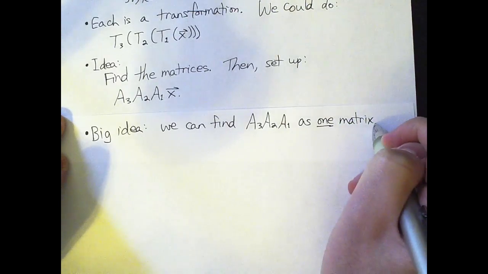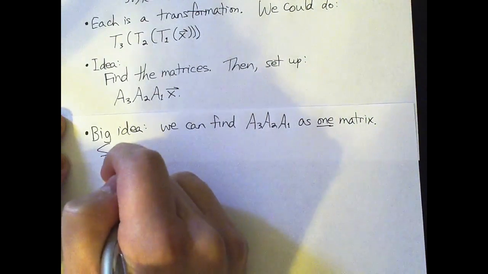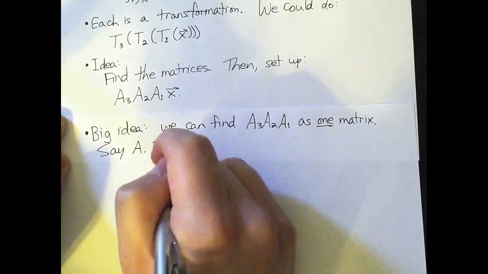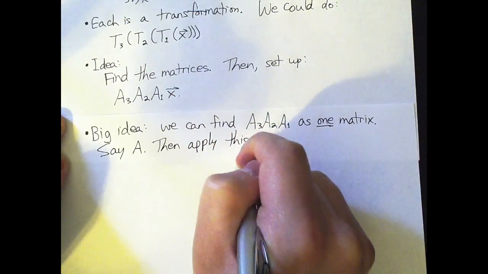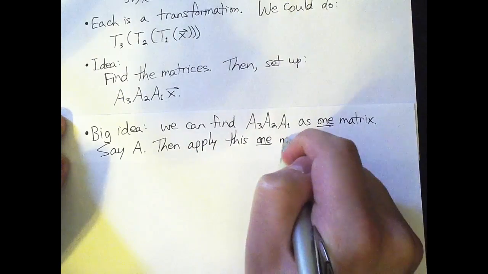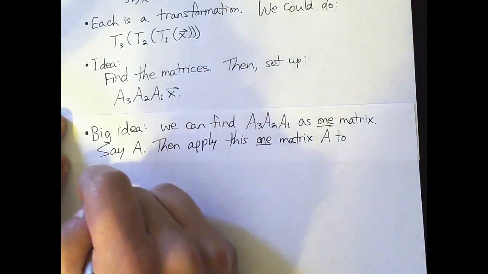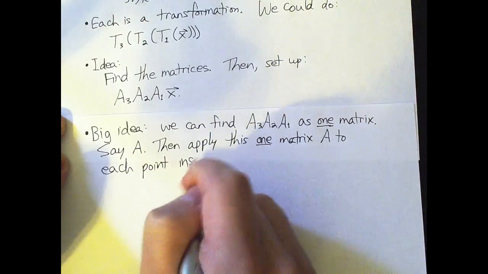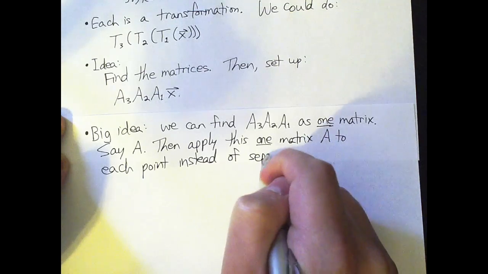They're all the same size, and we multiply them, and let's say that the product of all of them is A. Then apply this one matrix A to each point instead of separate transformations.